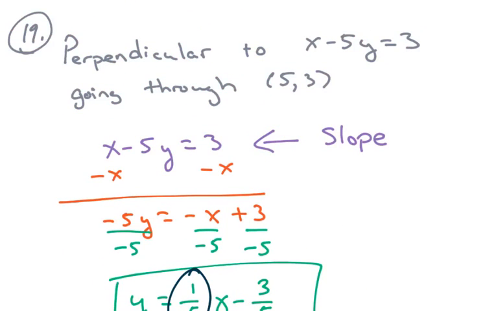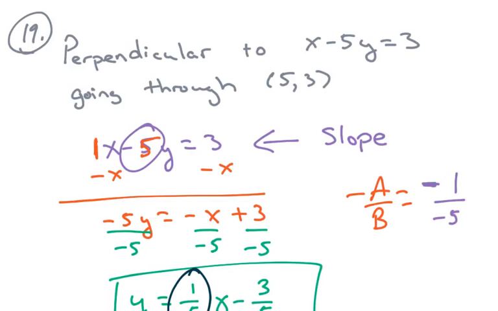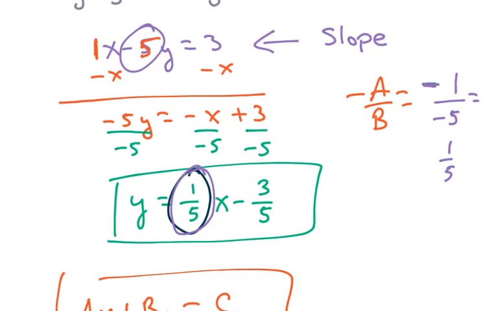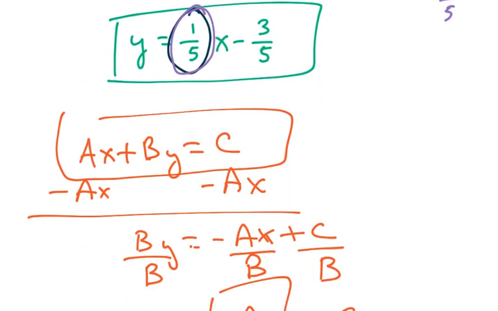So what that means is that a is 1, b is negative 5, and the slope is negative a over b, so it's going to be negative 1 over negative 5, and this reduces to 1/5, which is the same thing as what I got here. So the next one I'm going to use negative a over b. All right, so we know the slope is 1/5.